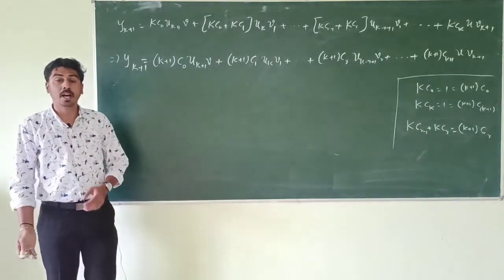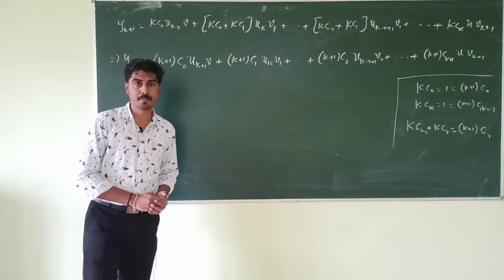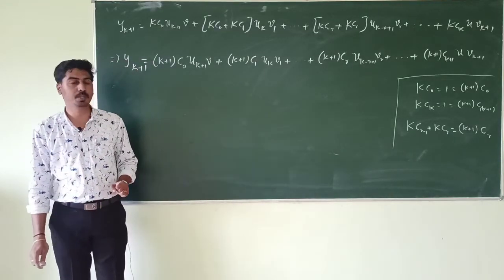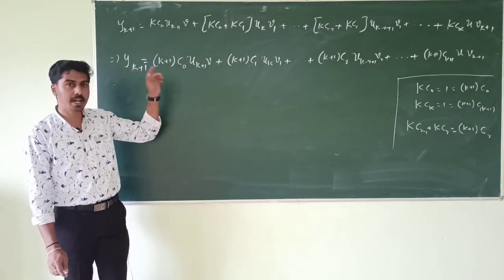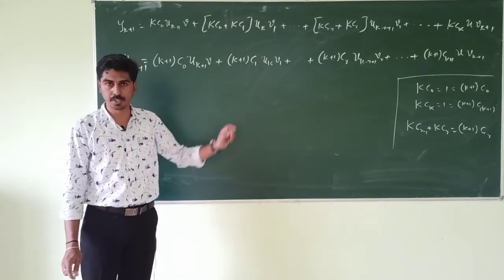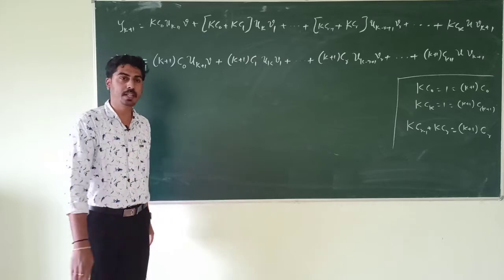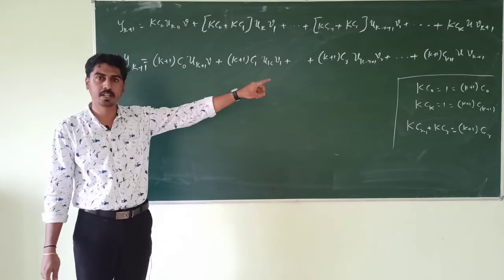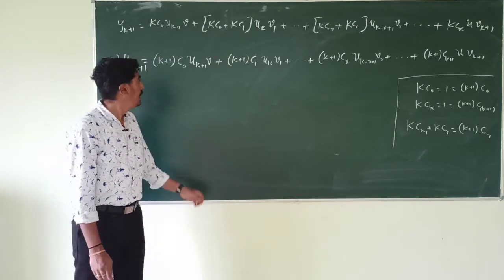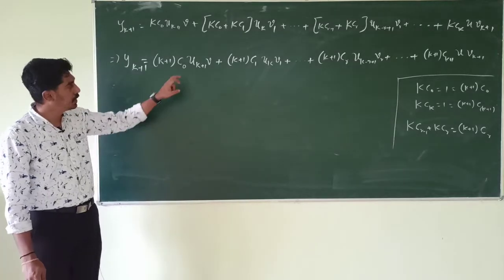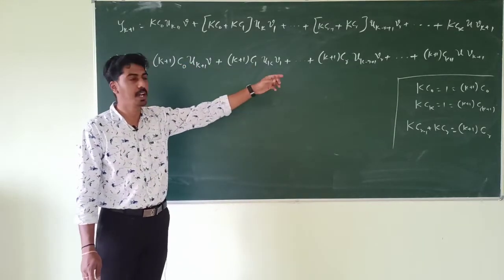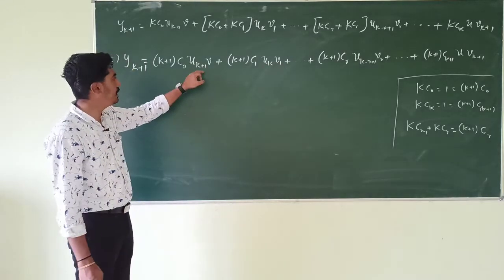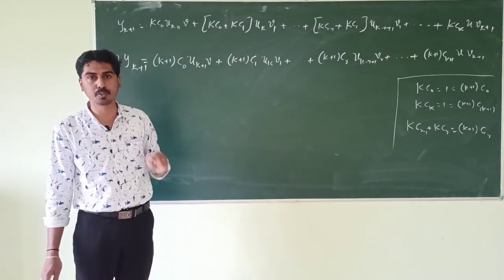Okay. As we observed earlier, for the nth derivative, the order of u starts from n and ends at 0, and the order of v starts at 0 and ends at n. Here for k plus 1, the order of u starts at k plus 1 and ends at 0, and for v it starts at 0, 1 and ends at k plus 1.